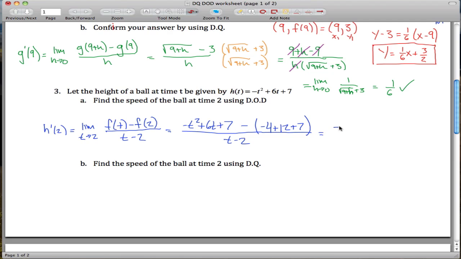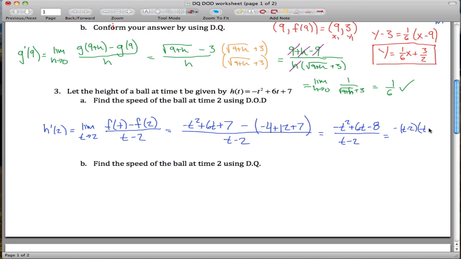So what I have is negative t squared plus 6t plus 7, and what's this net out to be? 19, 15. So 7 minus 15, get negative 8 over t minus 2. And so what we got to do is factor out a t minus 2 from the top. One way to do that is factor out a negative from everything, and then t minus 2 times what would give me t squared minus 6t plus 8.